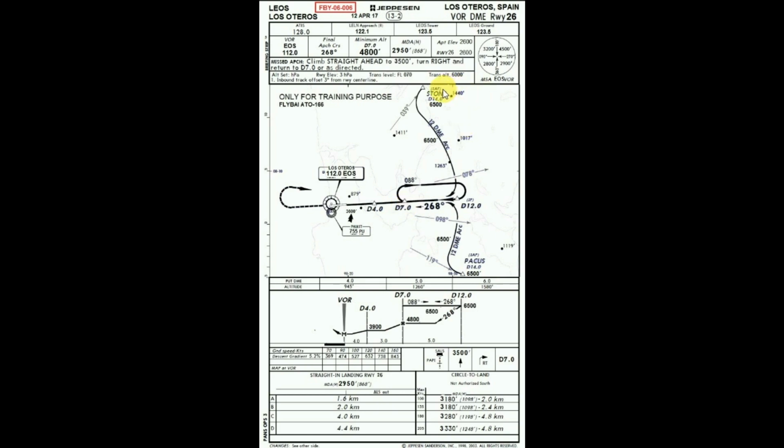Well, in those 2 cases, we need to perform an RDME after passing these fixes towards the intermediate fix, and then we're going to make a straight-in approach for runway 26 from Pacus and from Stone. It can be directly to the intermediate fix.